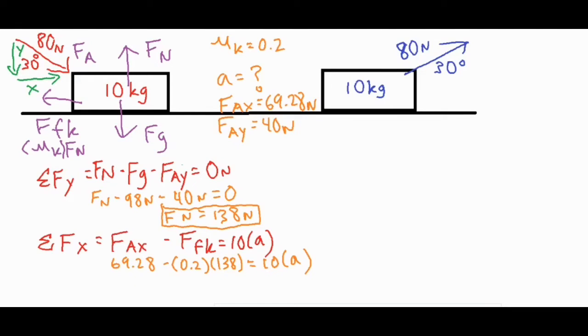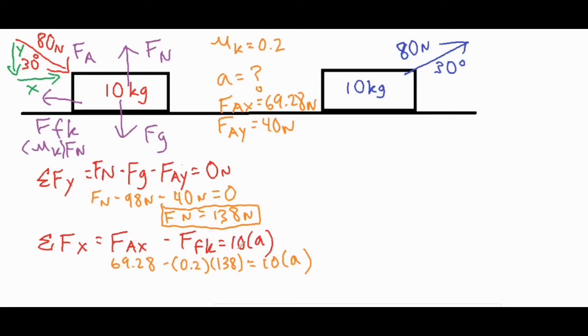Now that we plugged in everything, everything fell into place pretty nicely because we don't have a normal force. We know that Fg is mg, mass times 9.8, so the mass of 10 times 9.8 gives us 98 newtons. And then the Fay we found earlier, 40 newtons. So if we combine these two, then it's Fn minus 138. You add 138 to both sides, and then your normal force comes out to 138 newtons.